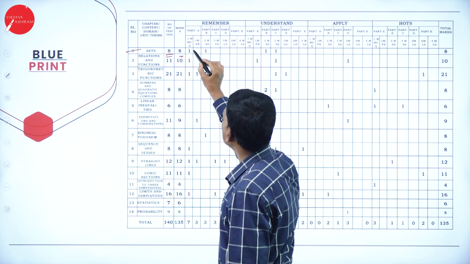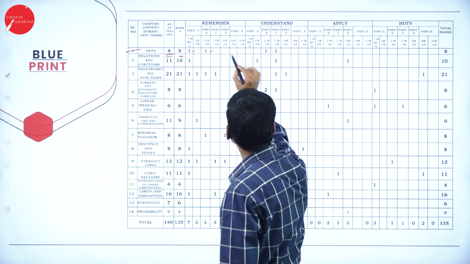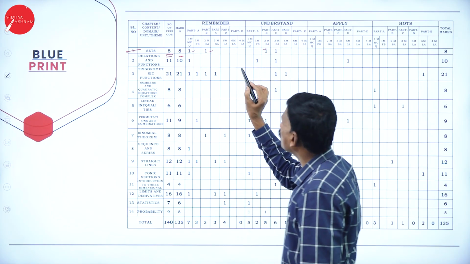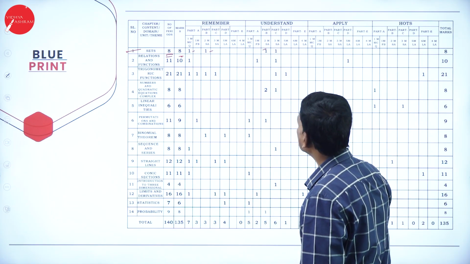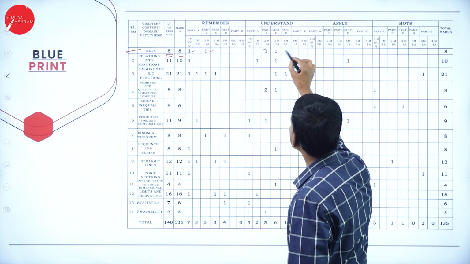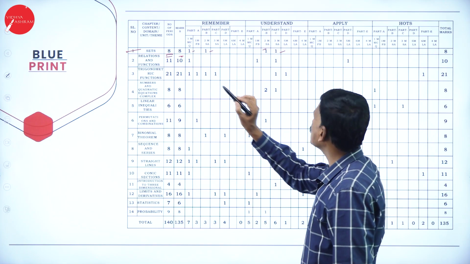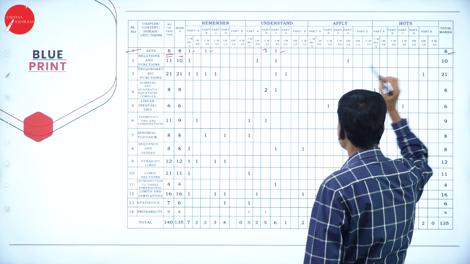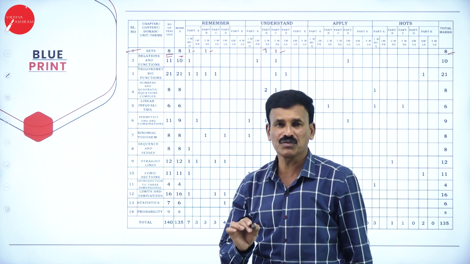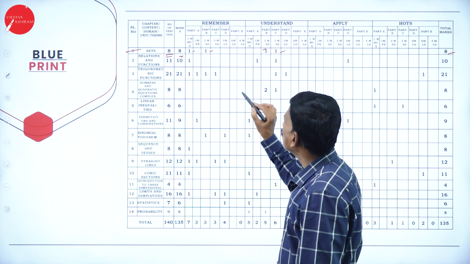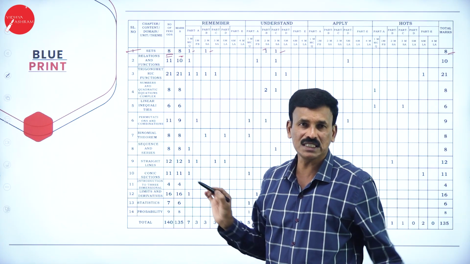The 2 marks questions are one for remembrance and another for understanding, and the 3 mark question is in understanding. So, 3 plus 2, 5 plus 2, 7 plus 1, 8. Totally the weightage for this chapter is 8 marks.